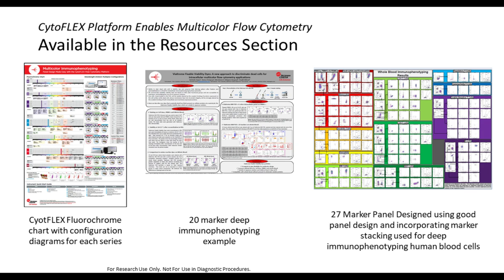And additionally, a poster from a couple of years ago at Cyto where a 27 marker panel was demonstrated on a 3 laser CytoFLEX, also demonstrating that if you're using good panel design, incorporating marker stacking and smart instrumentation, you can do deep immunophenotyping with a simple configuration as well.